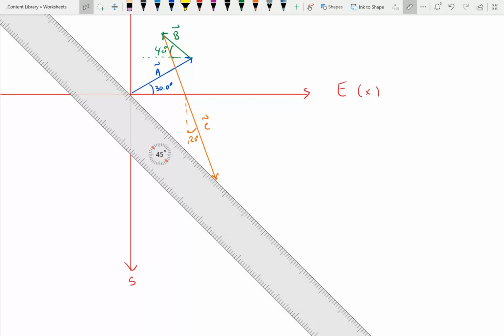There we go. And that measures 1, 2, 3, 4, 5, 6, 7, 8.8.